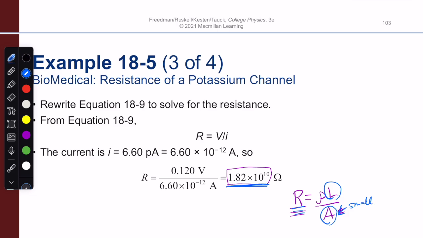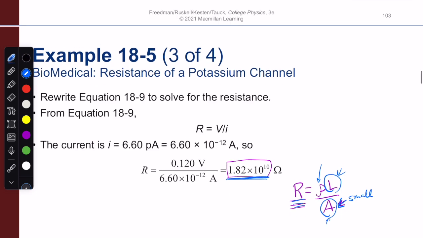You may look at this and you'd be like, well, there's no way in heck those potassium ions can get through that gigantic number of ohms, right? So if we look at the resistivity, however, the resistivity is not affected by the geometry of the problem. And we can find the resistivity if we know the dimensions of L and A and if we know R.